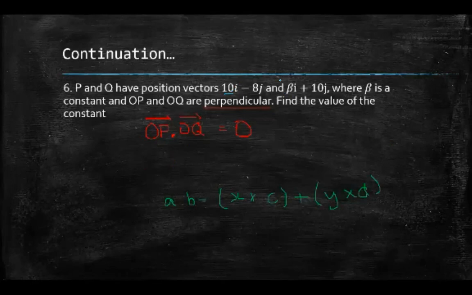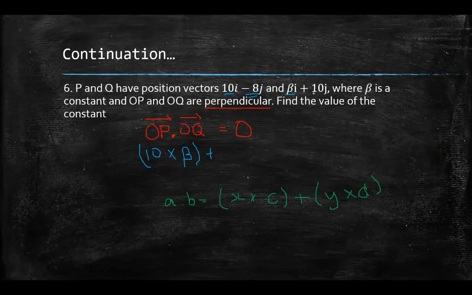So that will be 10 and beta. Applying this rule, the product of the x components would be 10 multiplied by beta, plus the product of the y components. In this form, in terms of i and j, the y components are the numbers before the j symbol. So that's minus 8 and plus 10. So that's minus 8 multiplied by 10.